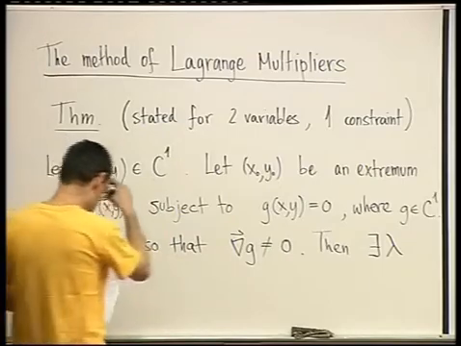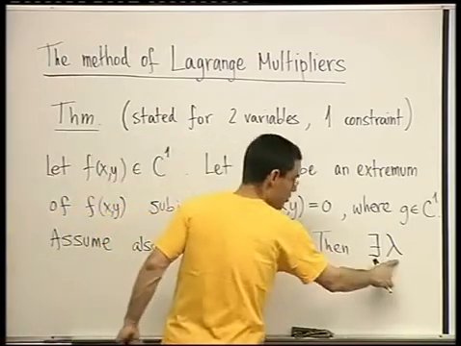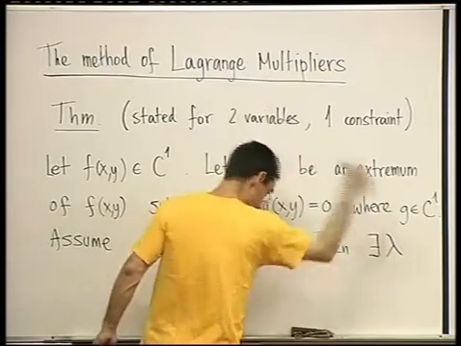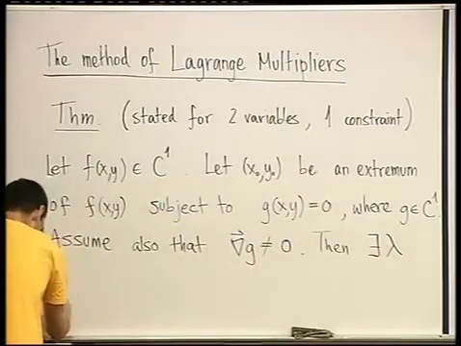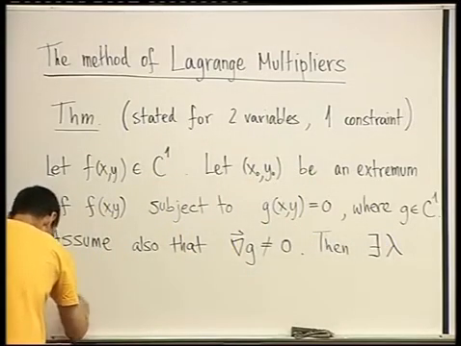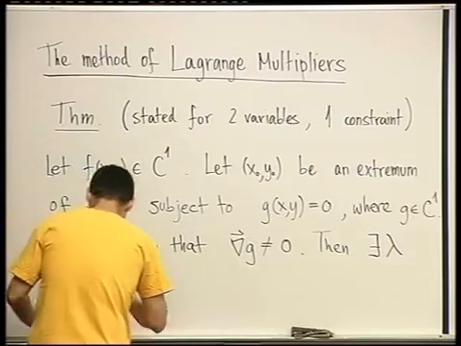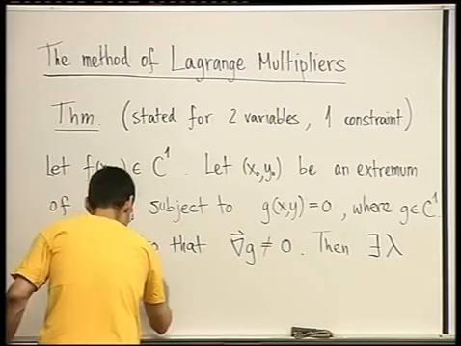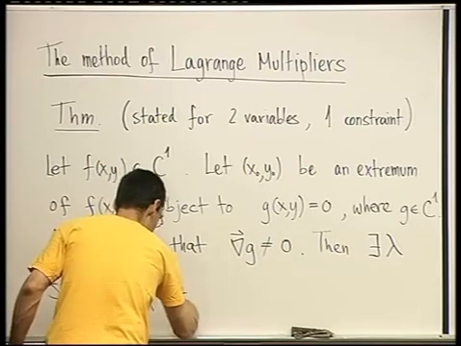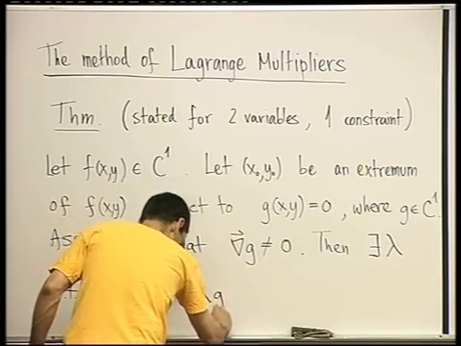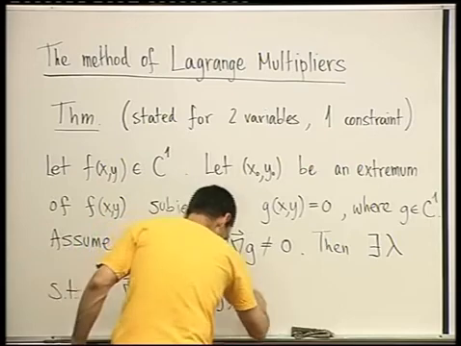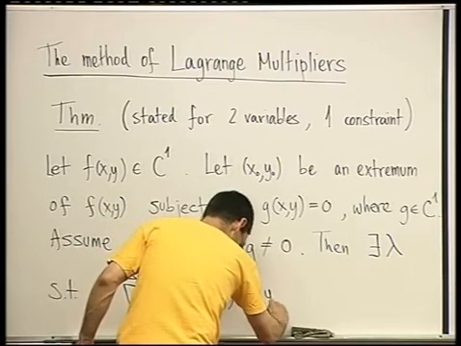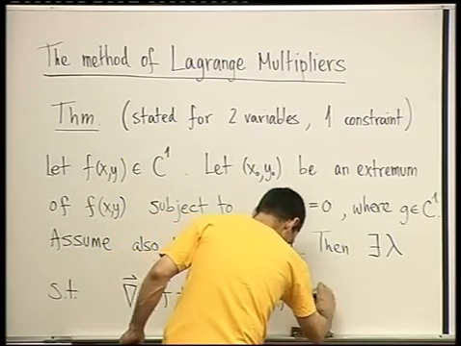There exists a lambda. This is what's called the Lagrange multiplier, lambda, such that, what does lambda satisfy? It's just a number such that the gradient of f plus lambda g at the point (x0, y0) vanishes.